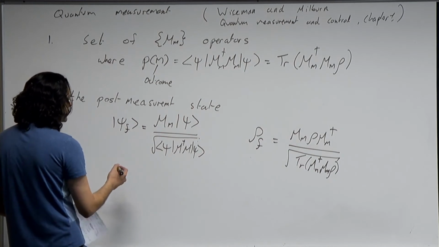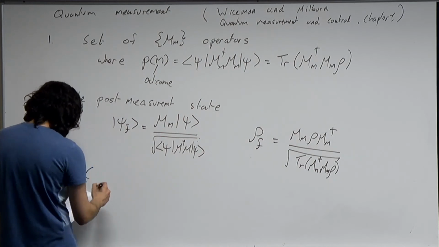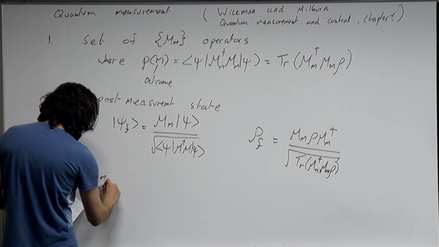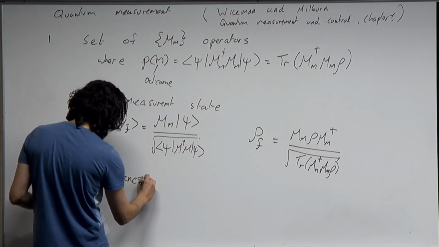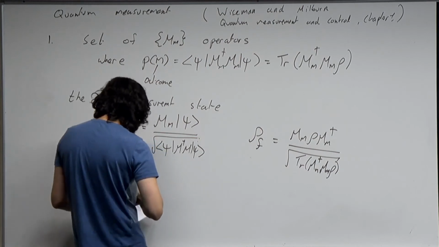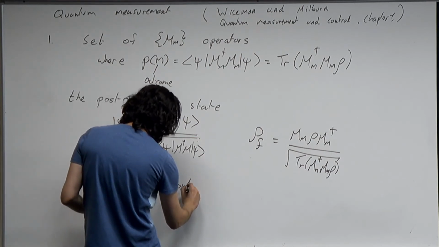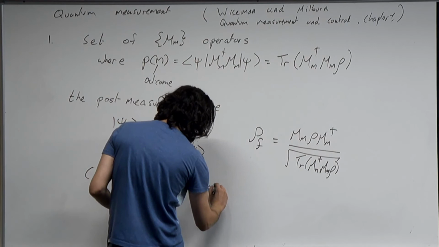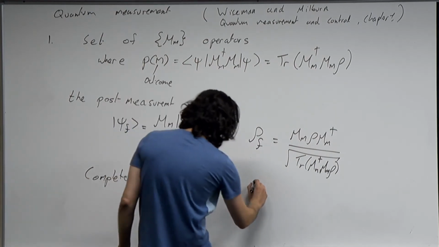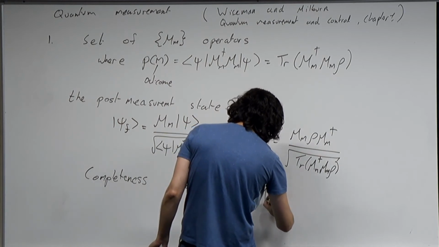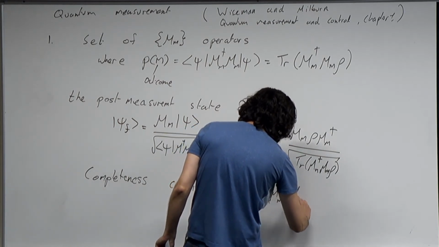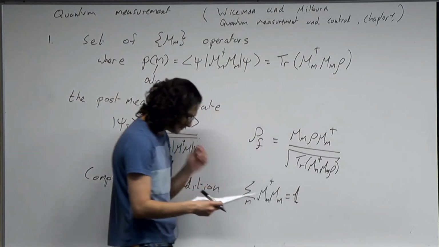And because this is a measurement, we require what is called the completeness condition. And this is the sum over m of M_m dagger M_m has to equal 1.